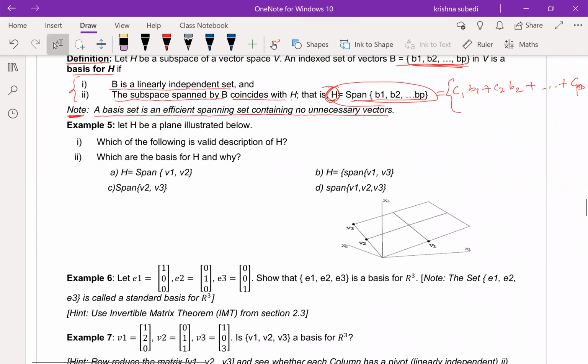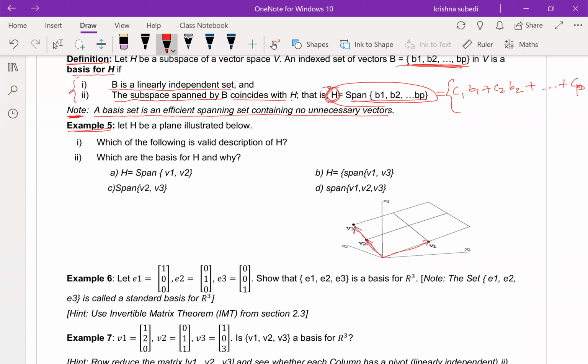Let's look at example 5. Now the mathematical way of looking at it. Let H be a plane illustrated below. So here is the plane. Notice that this one is your v1, this is your v2, and this one is your v3. v1 and v3 lie on the same line.